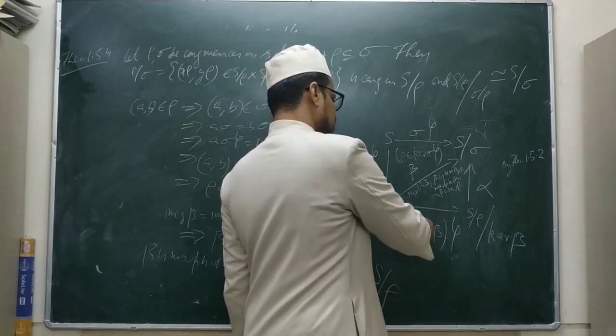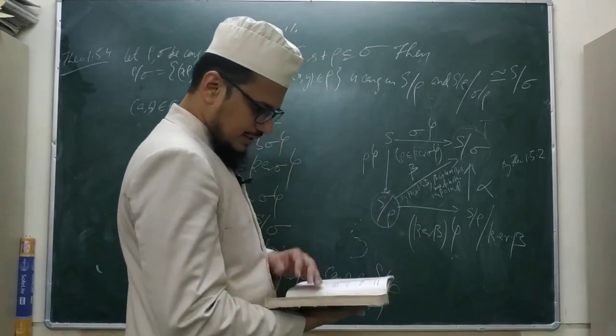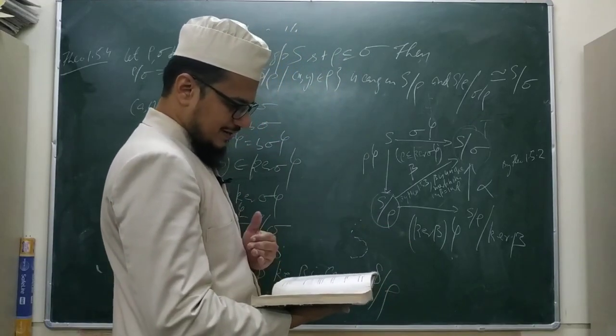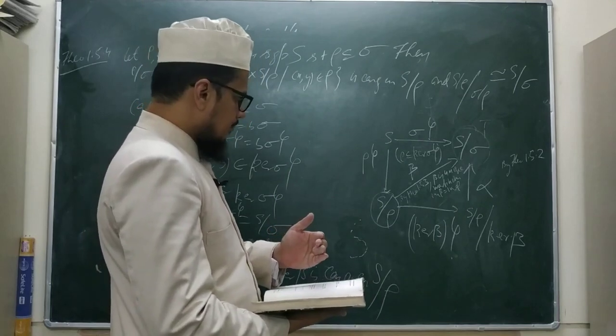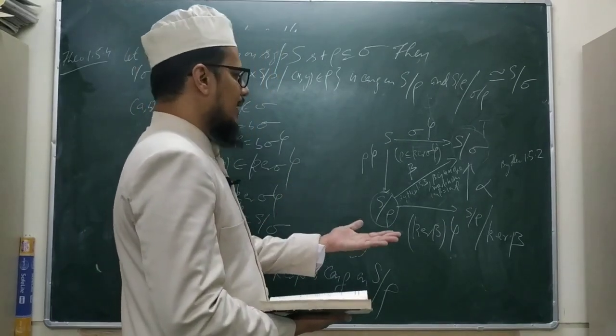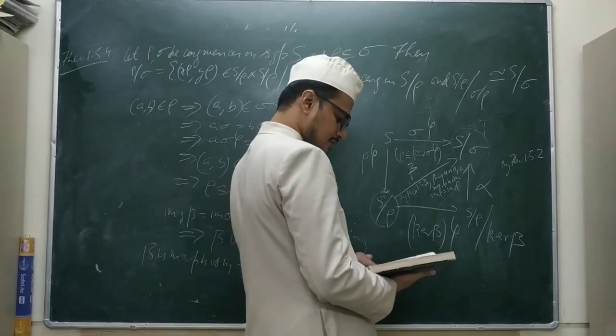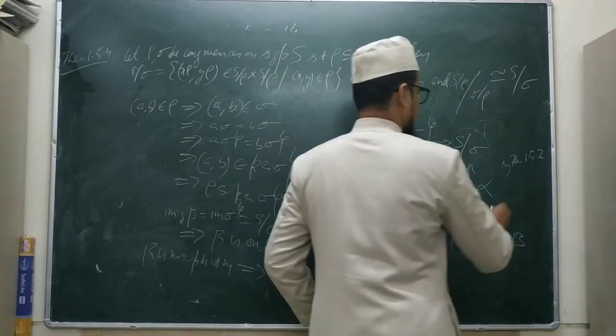Now kernel beta natural, just see theorem 1.5.2: kernel phi natural is a map from S to S by kernel phi. So kernel beta natural is a map from S by rho to S by rho by kernel beta. Correct? So now you have a morphism, a monomorphism.